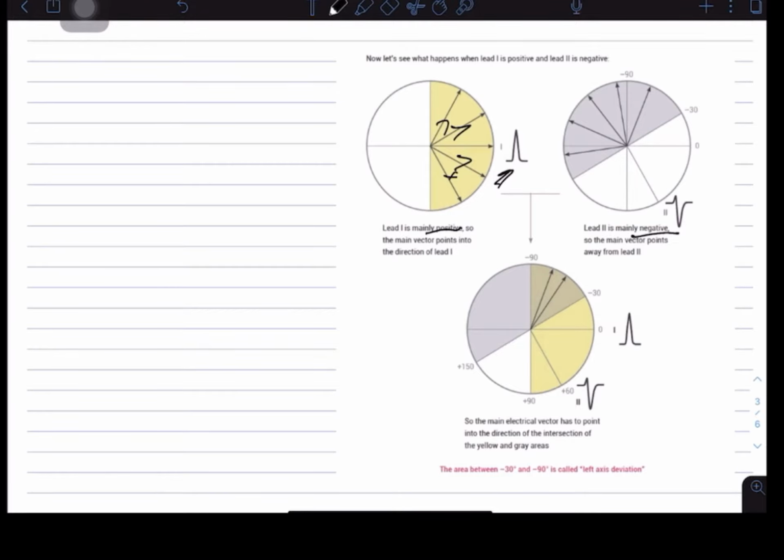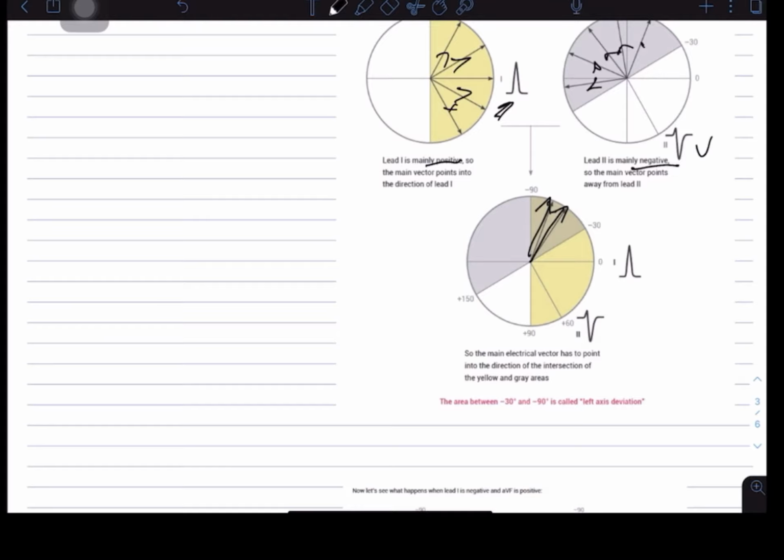And if we see the second lead, the vector is away from the lead 2, so it's a negative deflection. So that's why we combine the vector of both of them, it's going to be around here. That's why, and the normal axis is within here, so it's going away from the normal axis.